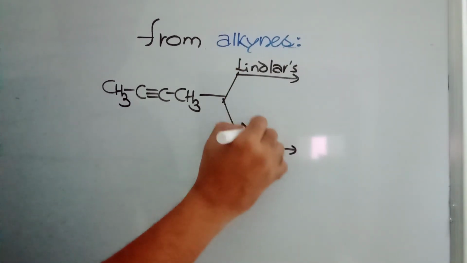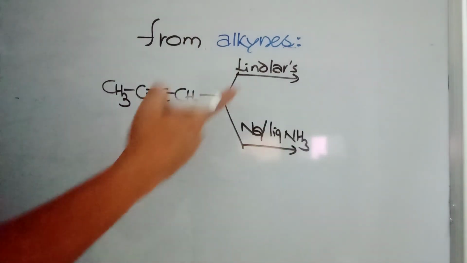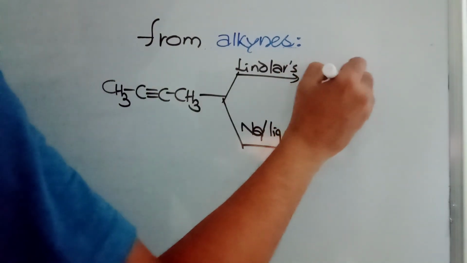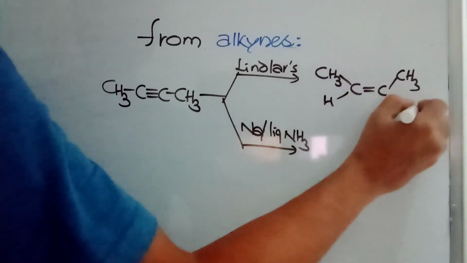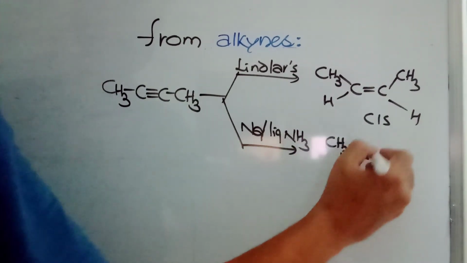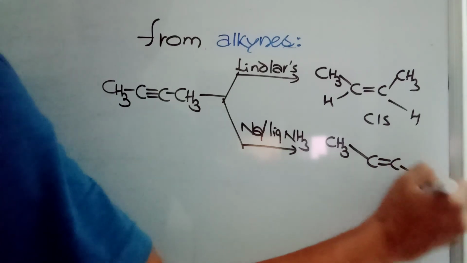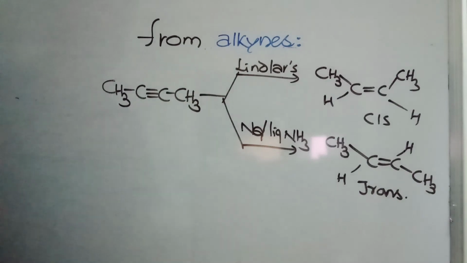If we are using sodium in liquid ammonia, this will give you the trans product. Lindlar's catalyst will give you the cis product, and sodium in liquid ammonia will give you the trans product. These are the important methods of preparation of alkenes.